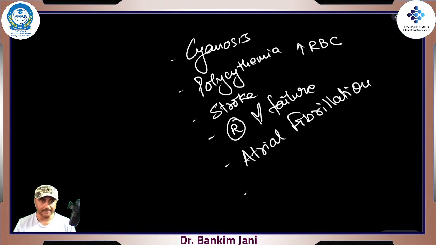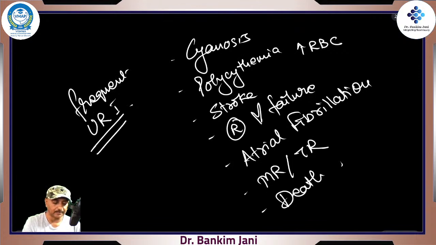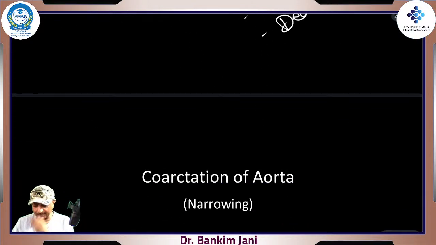And eventually valves collapse, that is mitral regurgitation, tricuspid regurgitation, and death. And the frequent upper respiratory tract infections. So these are the common complications.